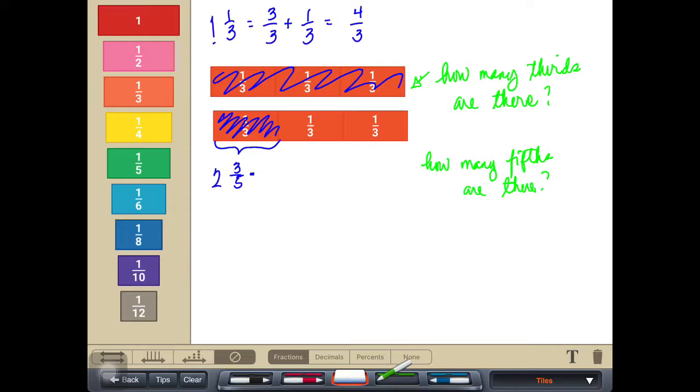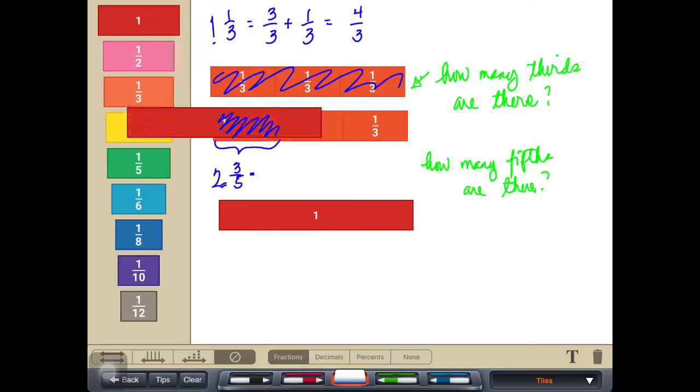So to answer that, we have to turn our whole number, which is 2, into the same denominator as the fractional part 3/5. So we basically turn our whole number into fifths.